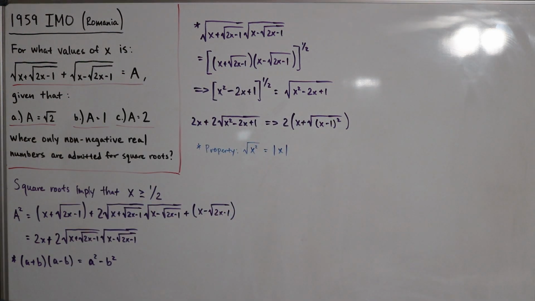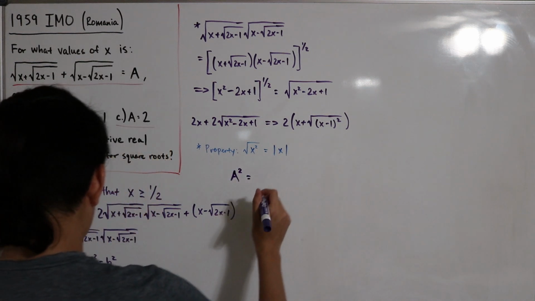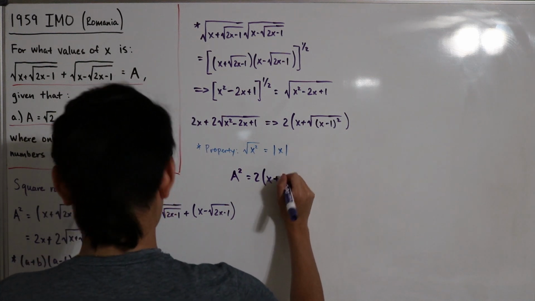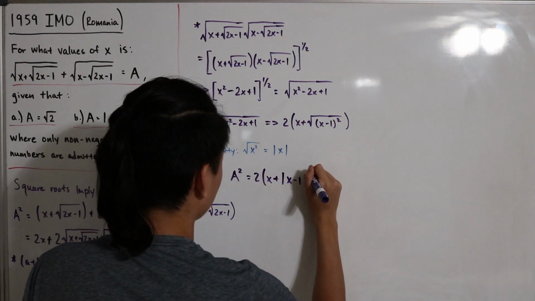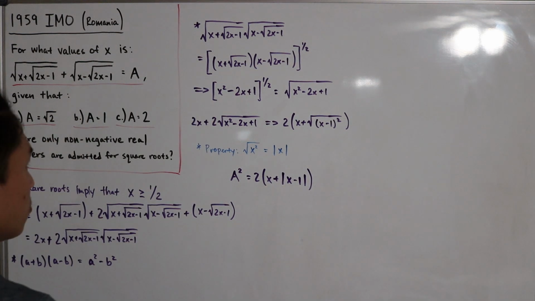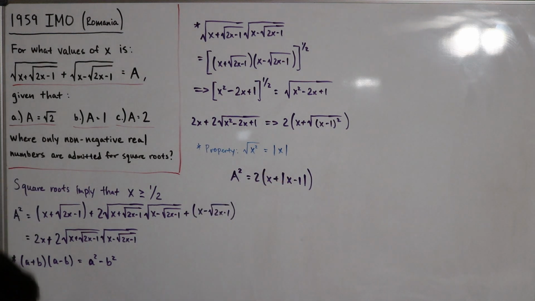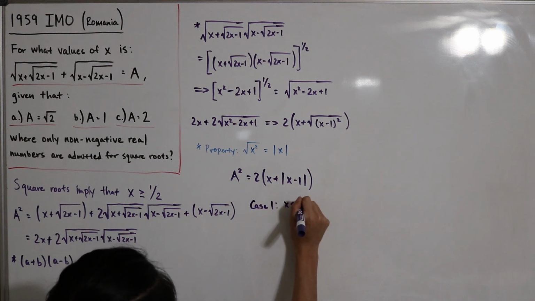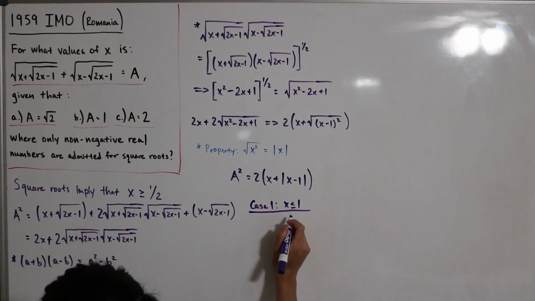And so now if we do this, we would have a squared is equal to 2 times x plus, now just replace this, the absolute value of x minus 1. And now the last thing to do is we have to compare 2 cases since we're dealing with absolute values. The first case I want to analyze is when x is less than or equal to 1.